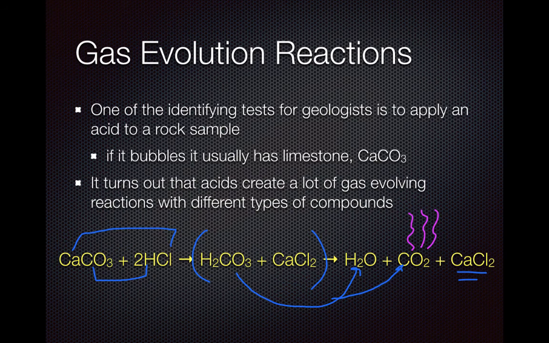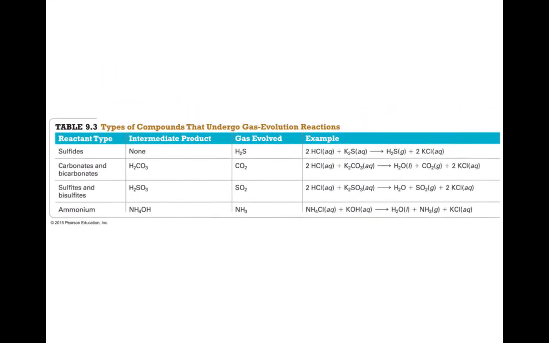So it turns out that different acids create a lot of different gas evolving reactions, just depending on the type of compound to which you've added the acid. And here's just a quick little table on that. We've got sulfides that don't seem to go through any intermediate, and they evolve H2S, and there's an example there if we had potassium sulfide.